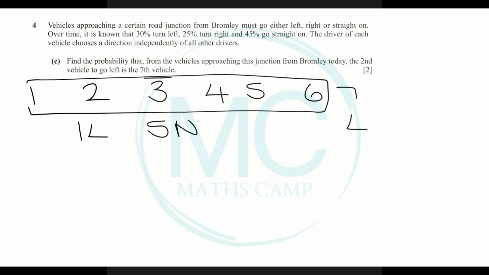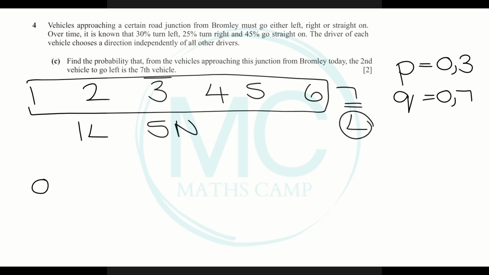We know the probability of left is 0.3, so the probability of not going left, Q value, is 0.7. Now we can find the probability the 7th vehicle is the second one turning left. The 7th vehicle turns left, so let's start there. Probability of left, 0.3. And the first 6 vehicles also need directions.